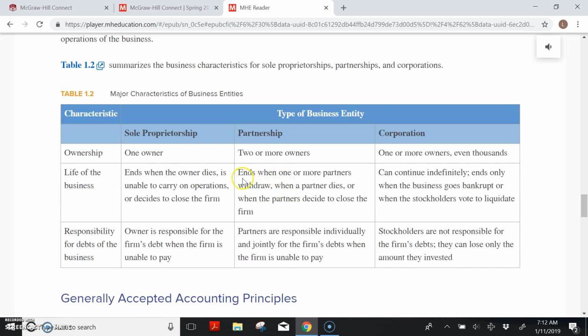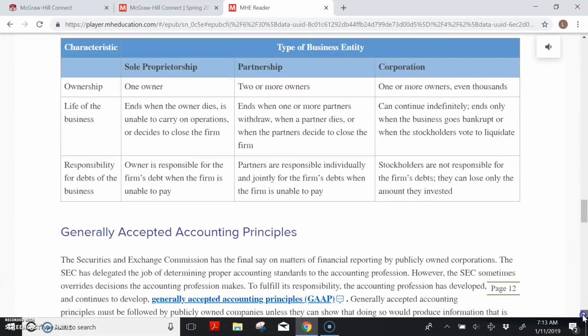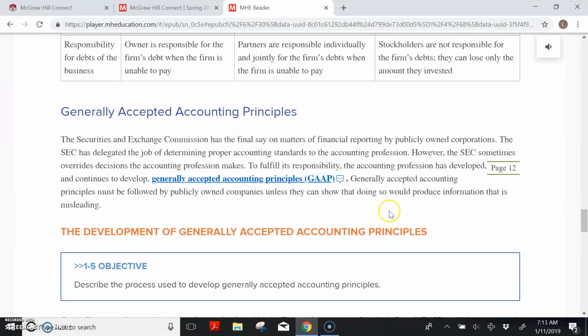At the end of that part of the chapter, you'll find Table 1.2, which is a comparison of the characteristics of these types of business entities. Then when you get to page 12, pay particular attention to Generally Accepted Accounting Principles, or GAAP, G-A-A-P.